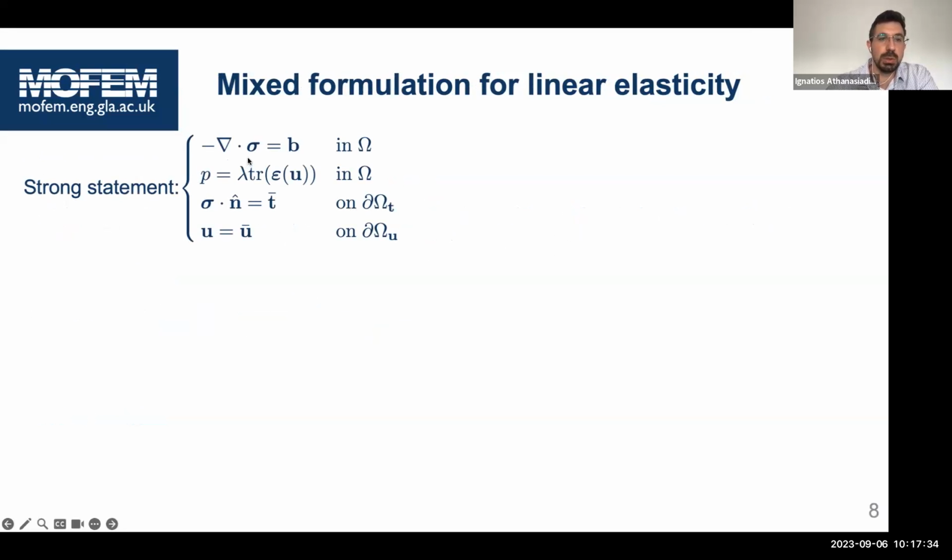We are not interested only in solving the conservation of linear momentum, but we also add a new parameter, pressure, that has to fulfill this relationship, essentially being equal to the volumetric term of the stresses. And this is added as an auxiliary parameter, and sometimes is considered also as a constraint.